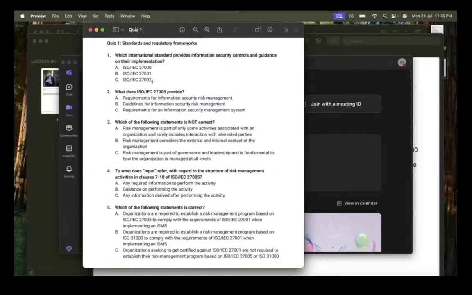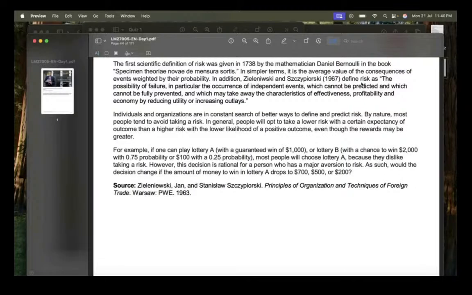Okay, so the first question is: which international standard provides information security controls and guidance on their implementation? We have discussed 27,000, 27,001, and 27,002 as well. I have the notes open for you.